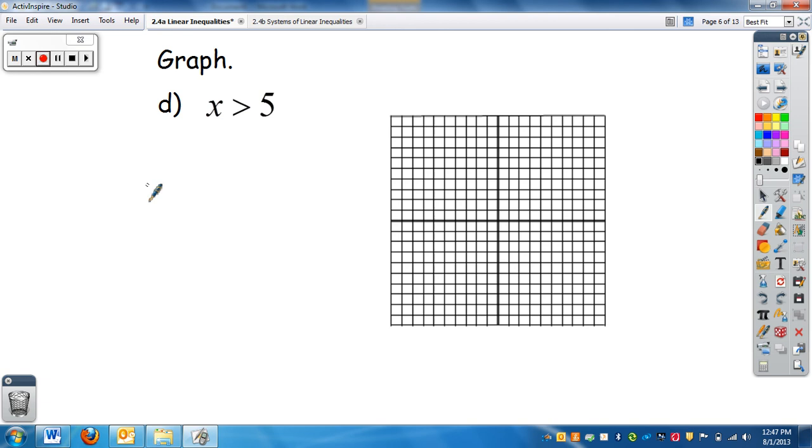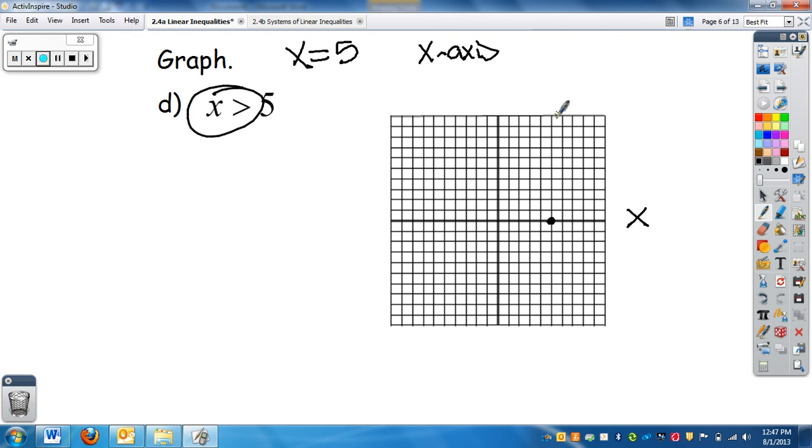Alright, so D, this relates to x equals 5, which you remember is your special video, and the way to think of it is intersecting the x-axis at 5. So here's my x-axis. So I find 5 on the x-axis. It's intersecting only once, so it's going to be a vertical line. And then I look at my symbol.